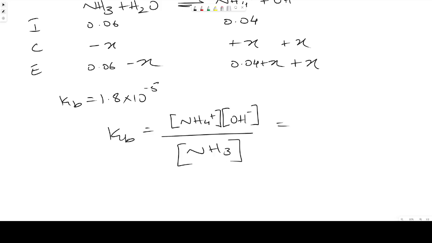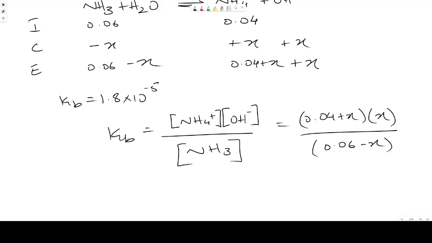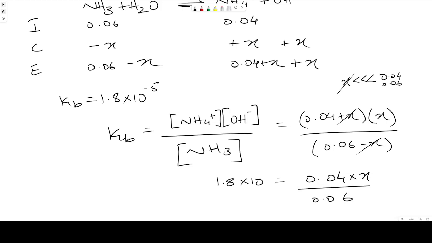Substituting everything in gives us (0.04 + x) times x divided by (0.06 - x).